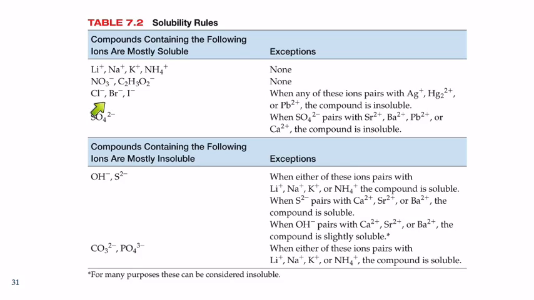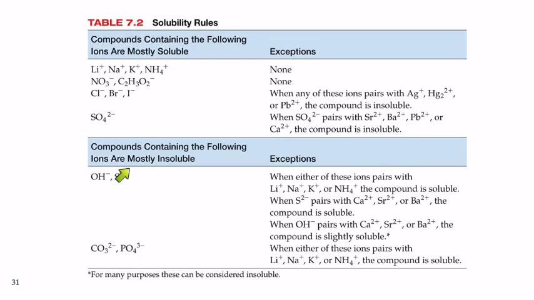The halides, chloride, bromide, iodide, are soluble except if you get them with silver, mercury 1, or lead 2. These girls find these guys really, really hot, and they're not going to separate from them at the party. Okay? Anybody, any other guy? Sure, whatever. Sulfate is soluble except with strontium, barium, lead 2, or calcium.